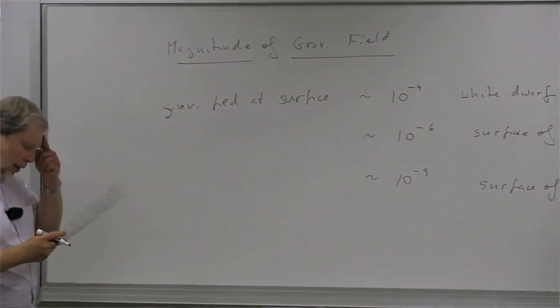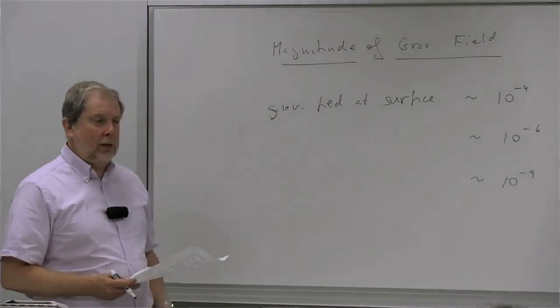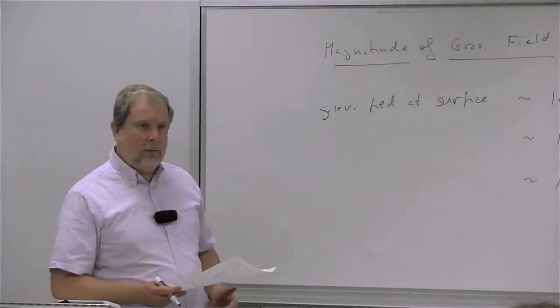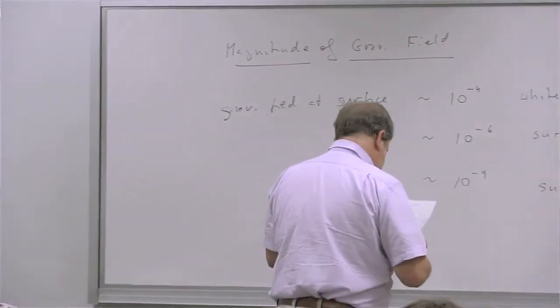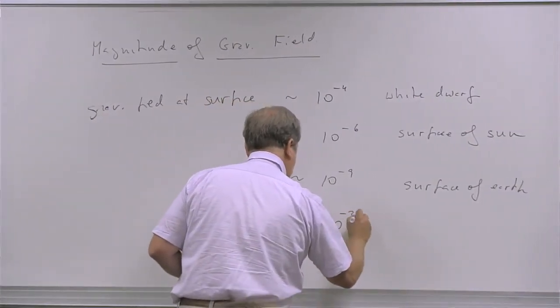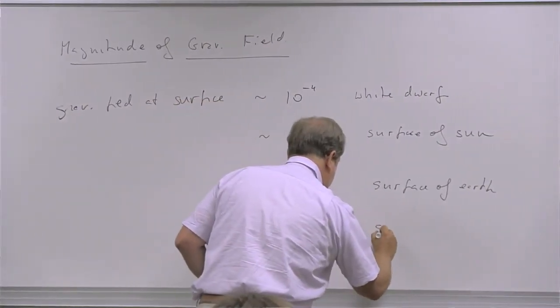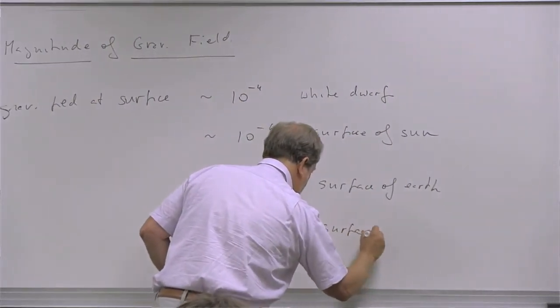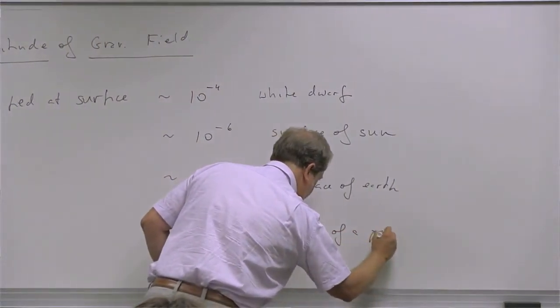And the next step would be to consider what it is on the surface of something like an atom, and that is just ridiculously small. It's 10 to the minus 39 on the surface of a proton.